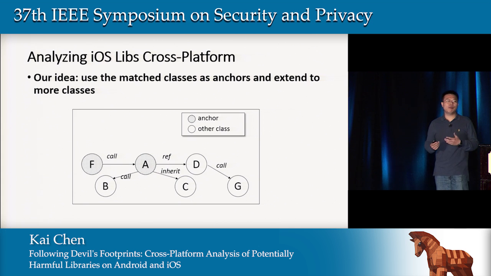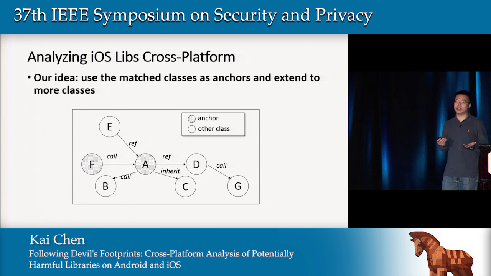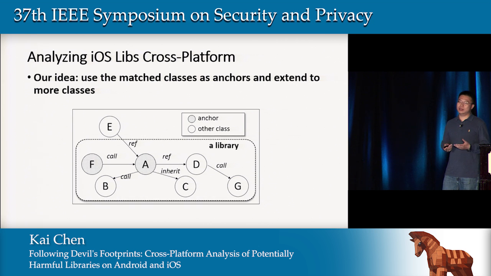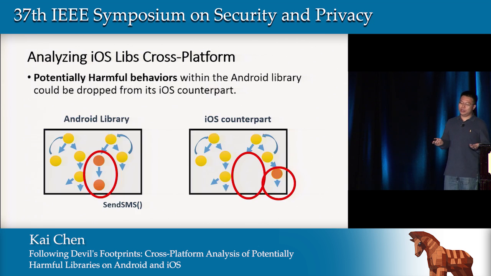So our idea is to look back to the Android code and find if there is a similar class, F prime, that also calls A. And if F prime has some shared strings with this F, we think that F is inside the library. But E does not meet this constraint. So finally, we get this library, and it removes E.